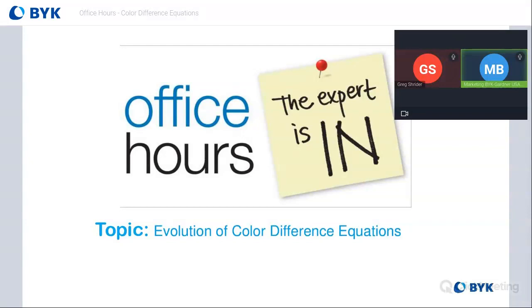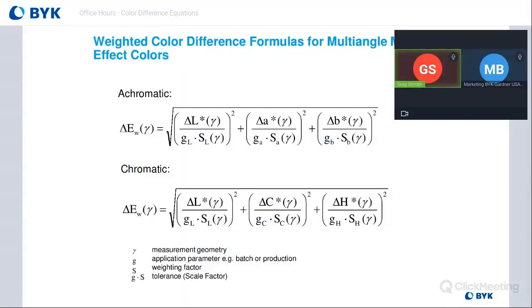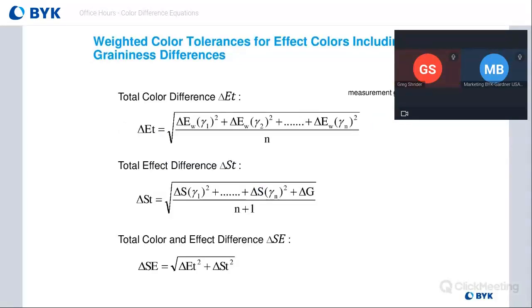So, could you please explain the calculation of the delta E combination? I'm assuming that's for the multi-angle color measurement. Yes, that is. So that's taking both the color difference, or delta E total, your total color difference, and the total effect differences.